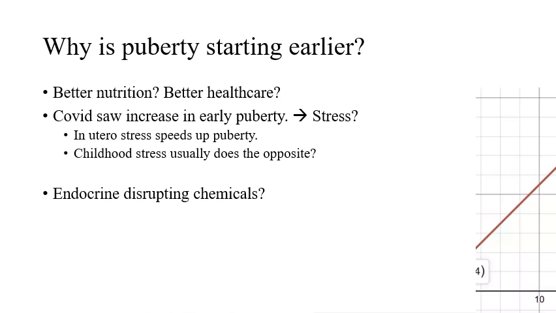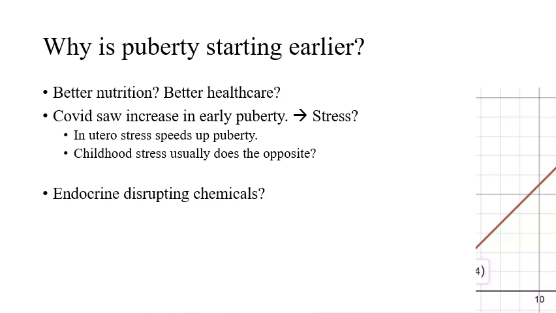Stress is kind of one of these really interesting things. The book makes the assumption, well, okay, so there's a couple things to keep in mind. First off, in utero stress or infant stress has a tendency to speed up puberty, right? So if a mother is stressed, then her female daughter can increase the timing of puberty by up to 18 months, which is quite a bit of a jump, right?